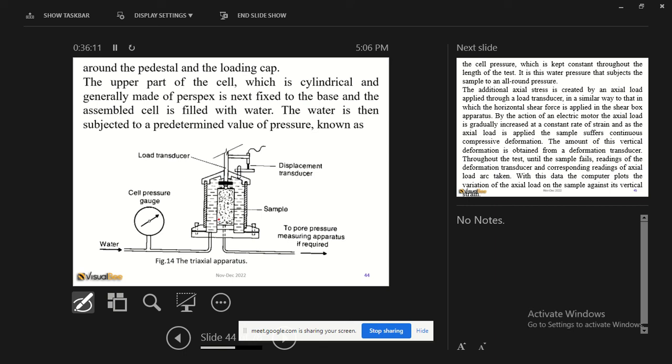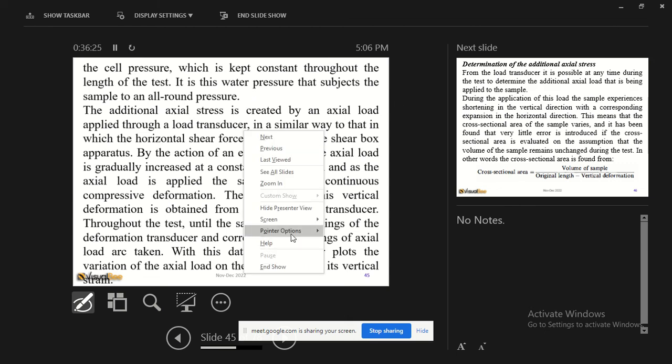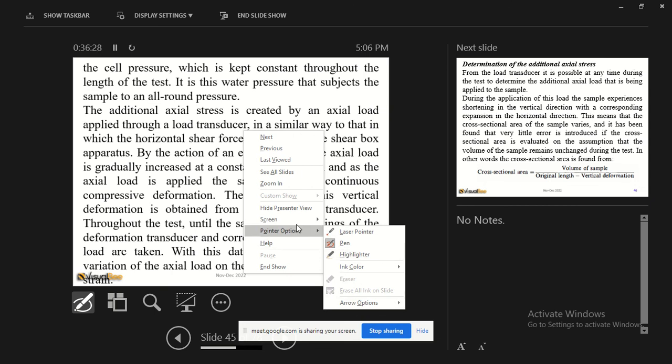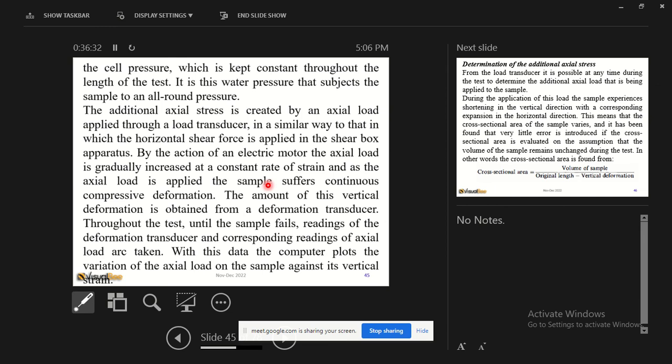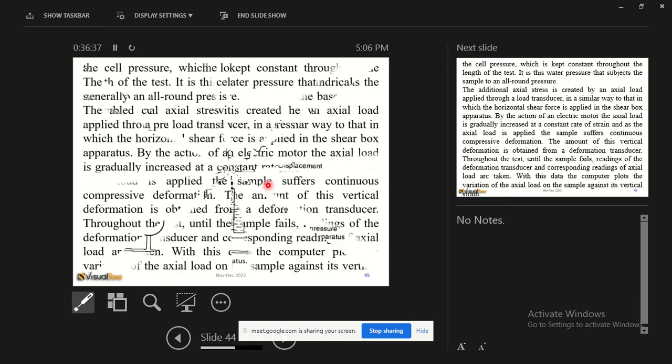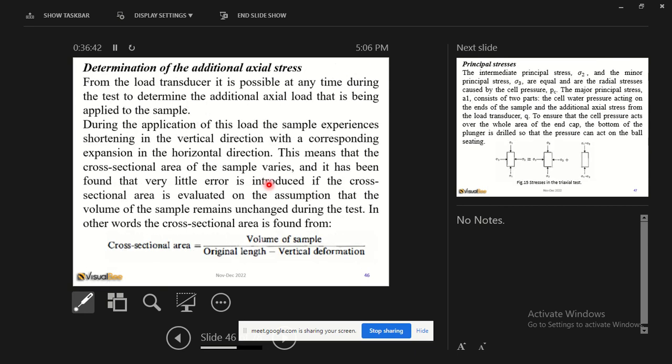Now the cell pressure, which is kept constant throughout the test, is water. This you will read for yourself, but it's the same thing that I have summarized in my presentation. Because you are shearing, you have to check the cross-sectional area.